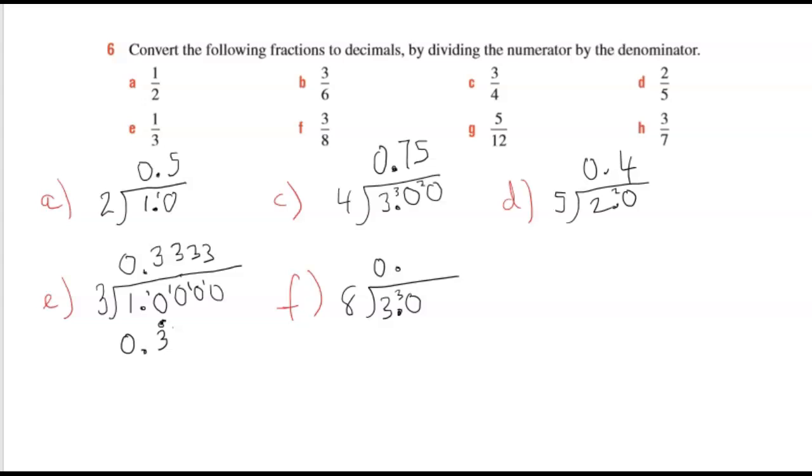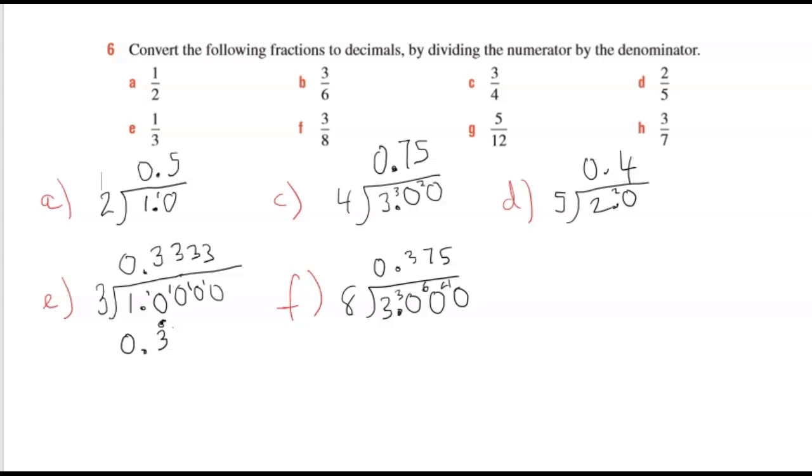Oh, what is that? 3 times? 6 remaining. So then 8 goes into 60 7 times. And then 8 goes into 40 5 times. So you really need to know your multiplications, girls, and your mental maths. That's why I'm working a bit slowly. I'm doing it all in my head.